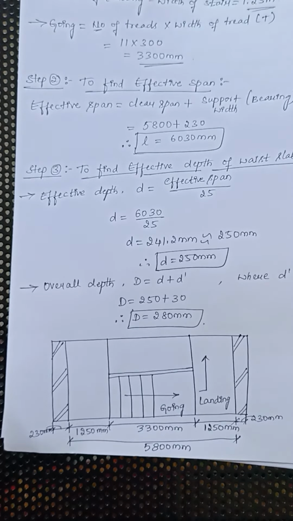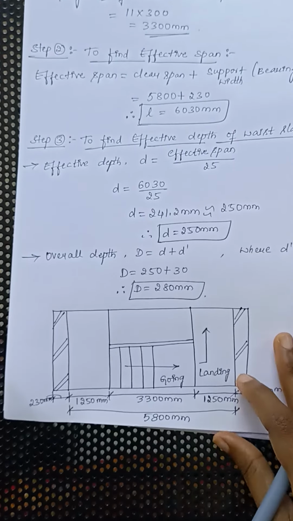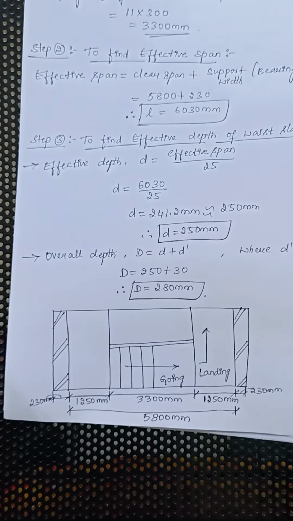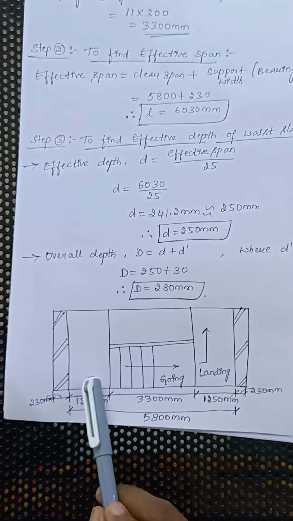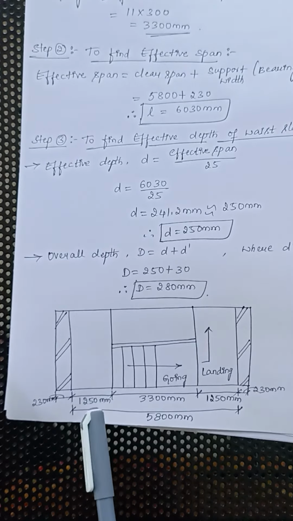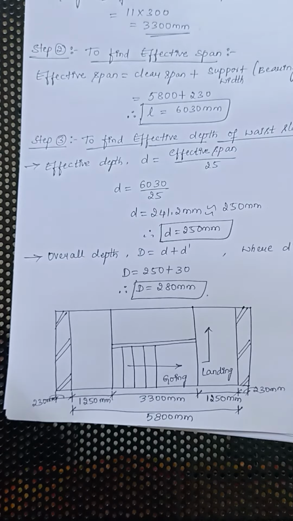Once all the length and the depth are found, let us draw the plan of the staircase here. The plan of the staircase consists of two parts. One is the going part, the other is the landing part. The gap which you can see, which is left out before the going, is the opening that is provided in between the support as well as the stair.